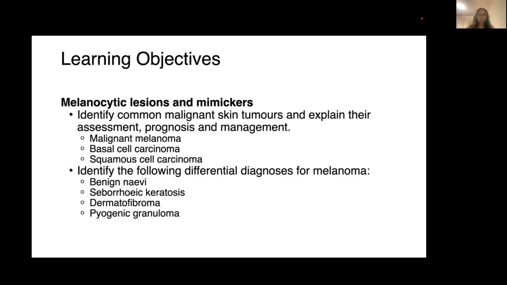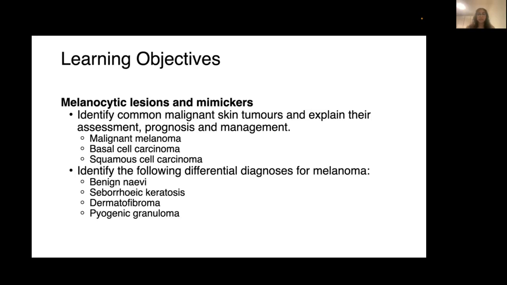So just to go over some learning objectives as to what we'll be covering. We'll talk about common malignant skin lesions, talking about their assessment, prognosis and management. I'm sure most of you are aware the most common ones that we need to be aware of are malignant melanoma, basal cell carcinoma and squamous cell carcinoma.